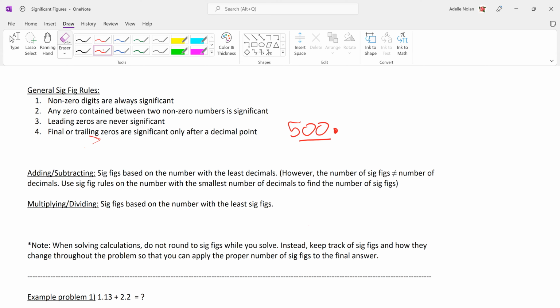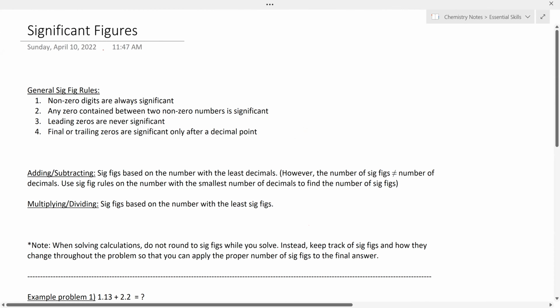And then you have specific sig fig rules when it comes to equations, like when you're solving stuff. So I'm going to go with the multiplying and dividing first because it's simpler. Multiplying and dividing is pretty simple. It's based on the number with the least amount of sig figs. So if you're multiplying 2 numbers, one of them has 3 sig figs and one of them has 2, you're going to go with the one with 2.